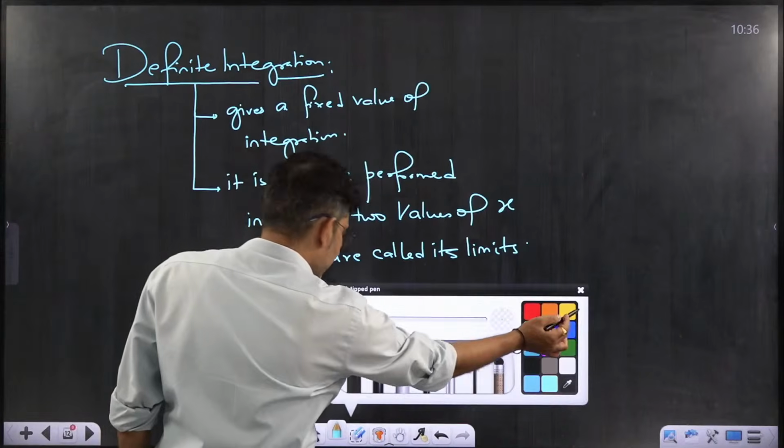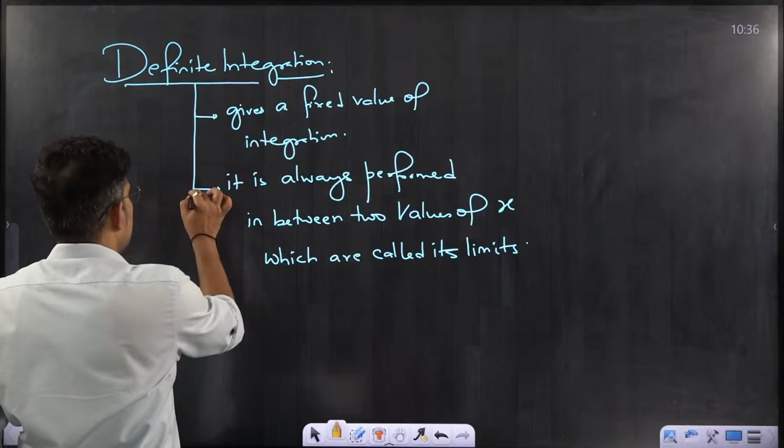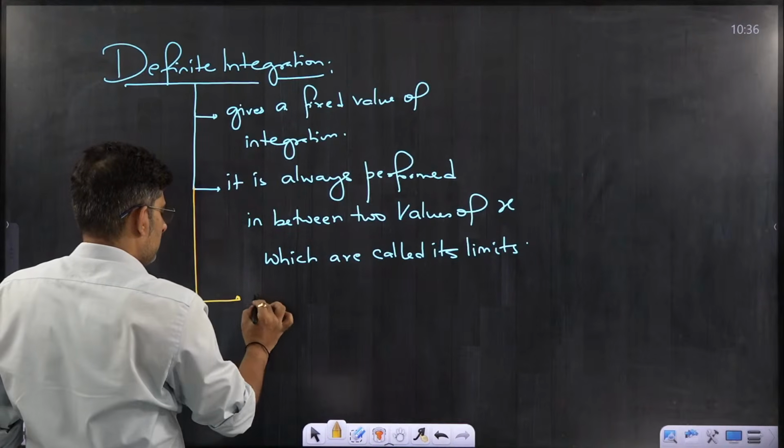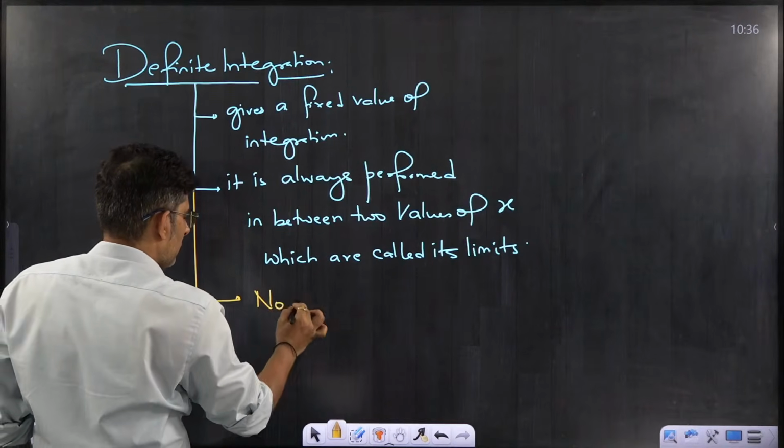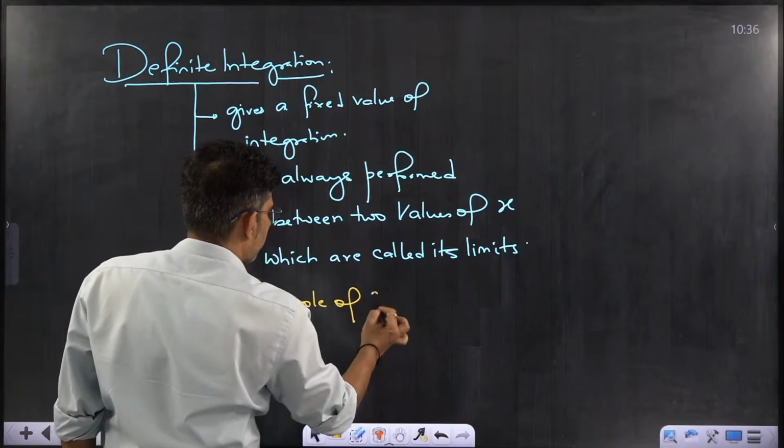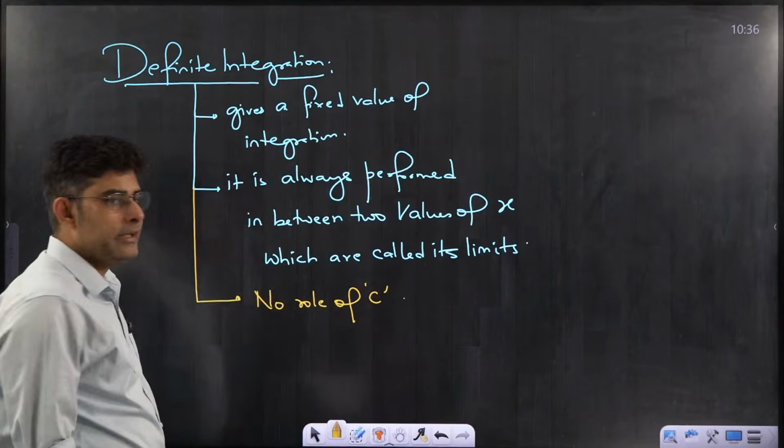Now when you use definite integration, there is no role of c after that. So c gets removed.